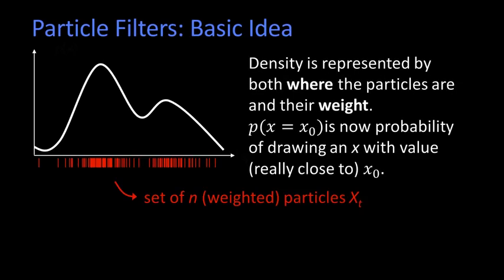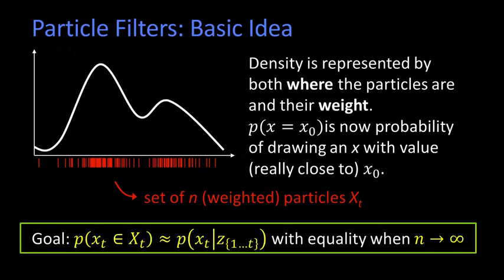We talked before about how the distribution of where the particles are, and perhaps their weights, is what we substitute for the density. Our goal is that as we track, we eventually have a set of particles such that the probability of getting a particle at some place is essentially the probability that the state is actually at that place, having observed all the observations.